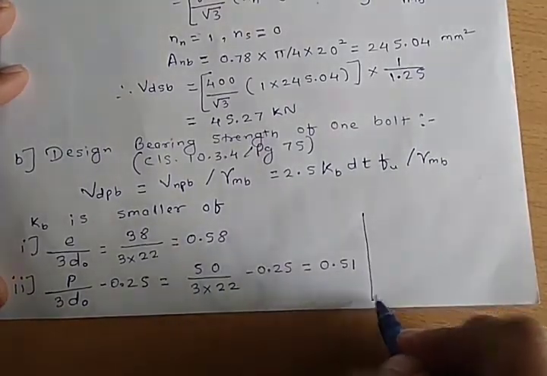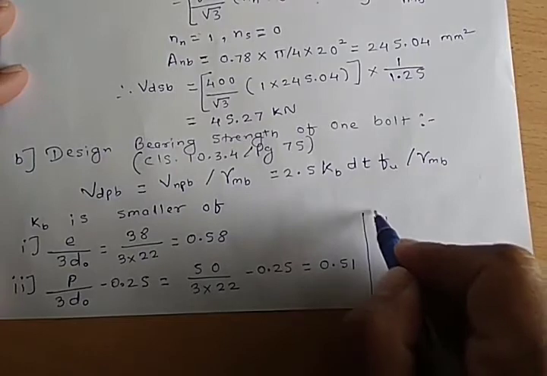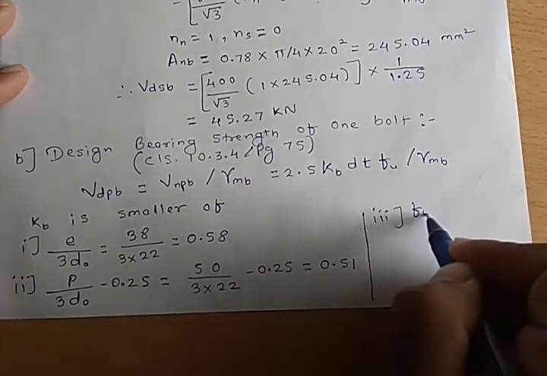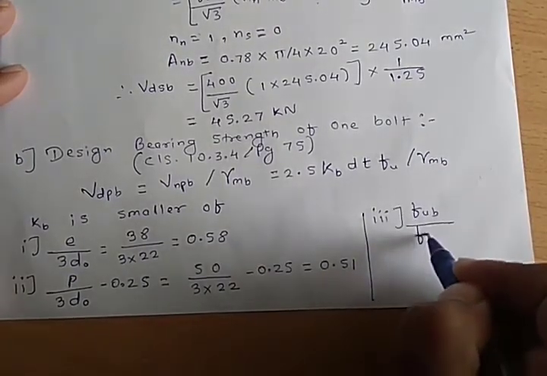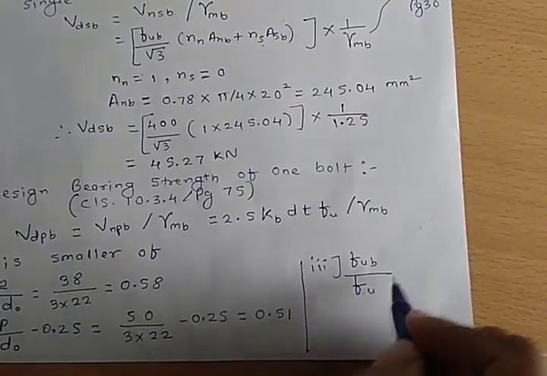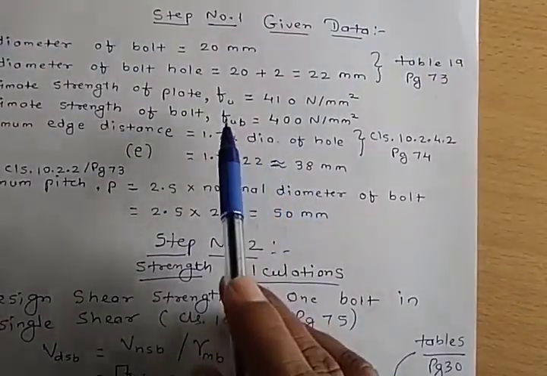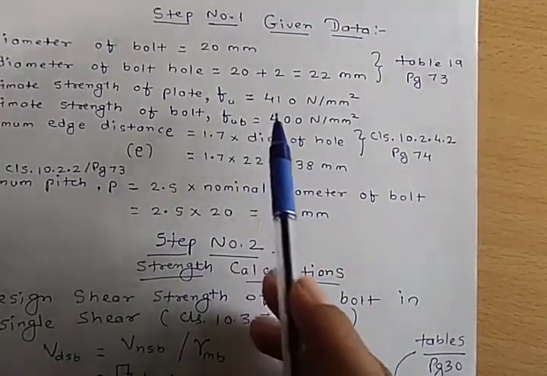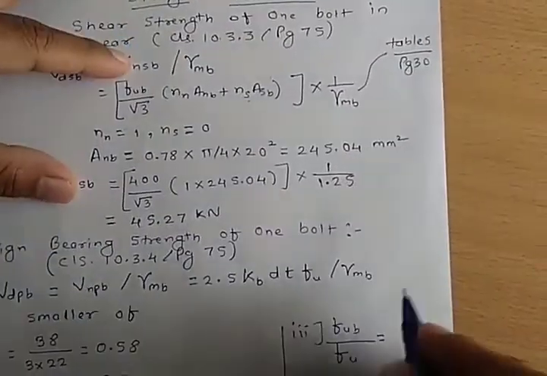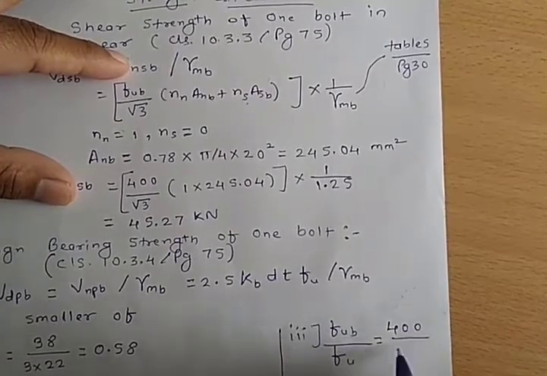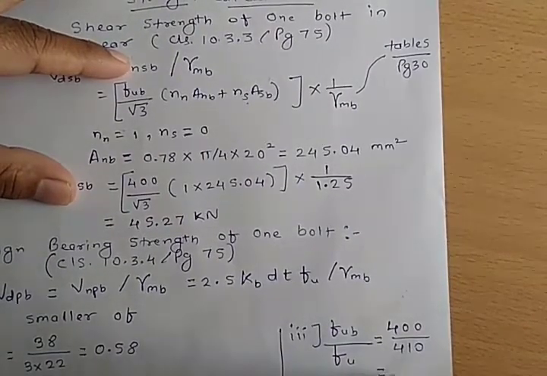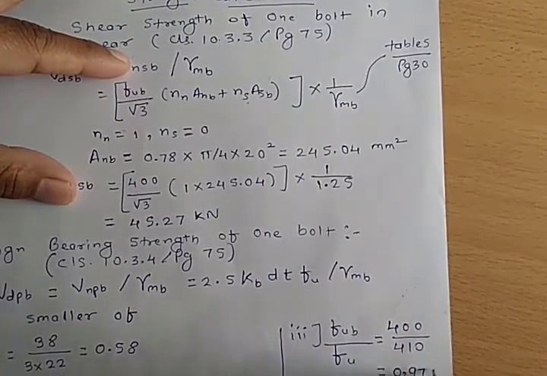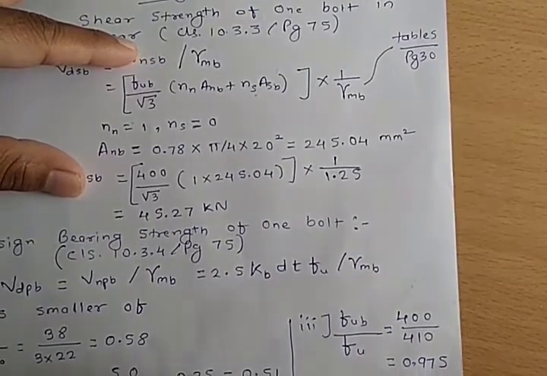Now the third parameter is fub divided by fu. If we solve, 400 by 410, that equals 0.975.